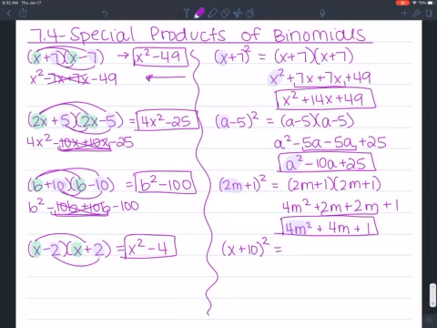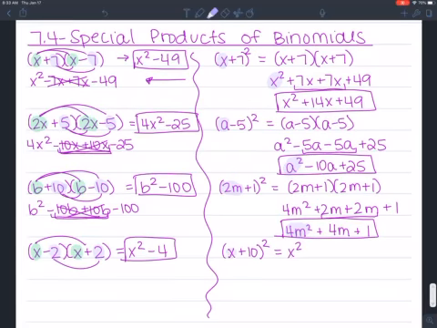So I'm going to say that that's x squared, because that's what x squared would be. And then I can recognize that the last term, this 49, is 7 squared. Okay, this 25 is 5 squared. This 1 is 1 squared. And they're always positive, so I'm going to bet that the last one is going to be 10 squared. So that's 100, so plus 100.